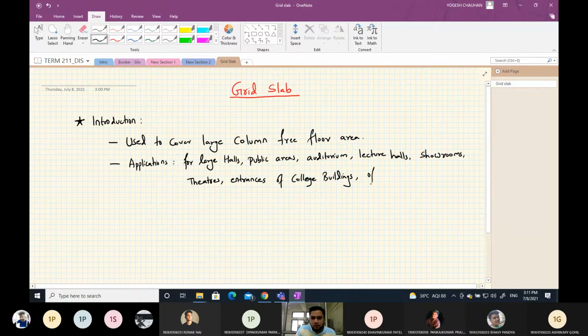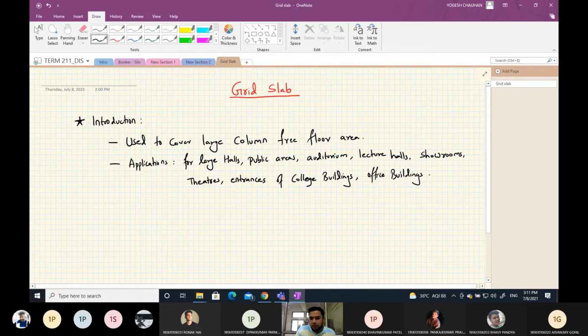Office buildings near the reception area, where a large area is required; in office buildings also you would find such slabs.